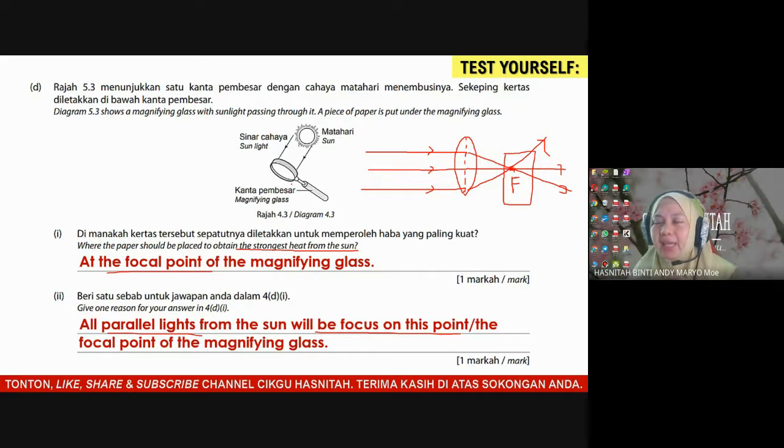Let's say the focal length is 15 cm, so we place the paper 15 cm away from the magnifying glass. So you do the activity earlier to determine the focal length of the magnifying glass, or you just do trial and error: adjust the position of the paper until you find the light is spotted on one point.